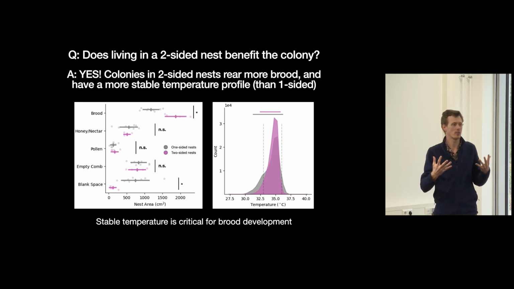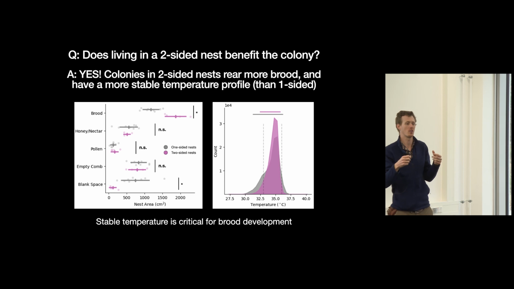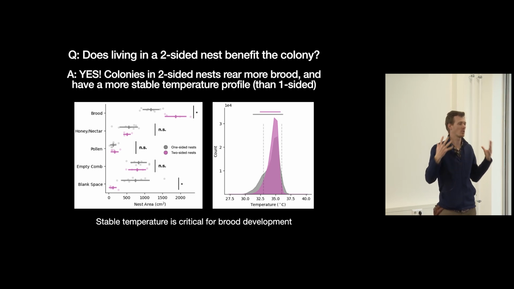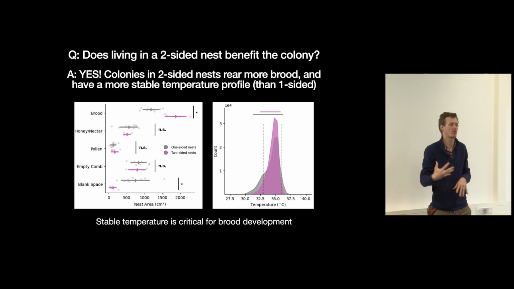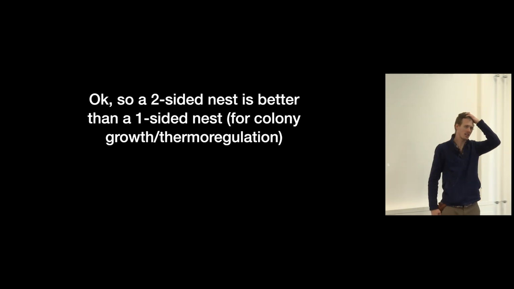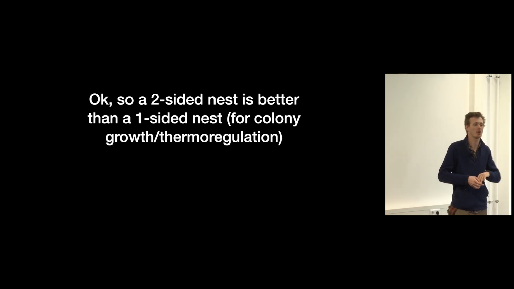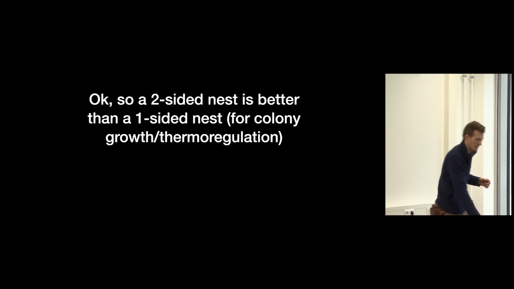The other interesting part was that we embedded thermocouples in these colonies, and while their mean temperature is the same, there's a lot more variation in the colonies living in a one-sided nest. That's really important because stable temperature is critical for brood development. So this was telling us that two-sided nests have thermoregulatory benefits for colony growth, and that there is a benefit to living in a two-sided nest.